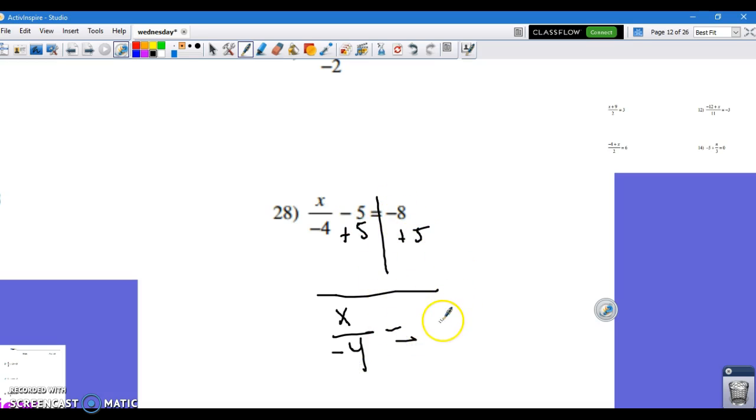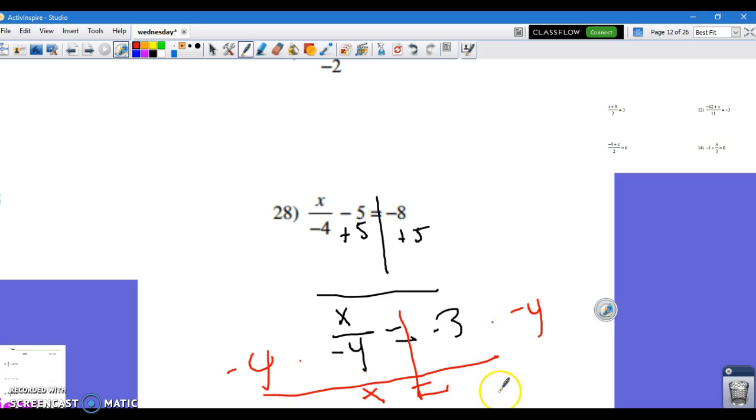Negative 8 plus 5 is going to give me negative 3. So then after that, this means division, so I'm going to multiply by a negative 4. Long story short, this is going to cancel out. Negative 3 times a negative 4 is going to give you a positive 12. X is positive 12.